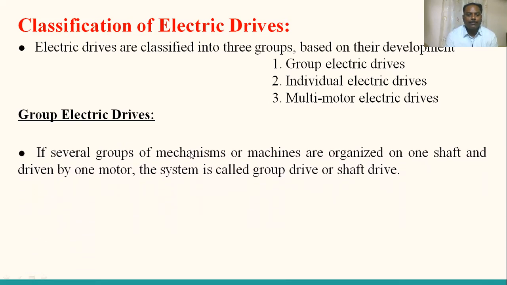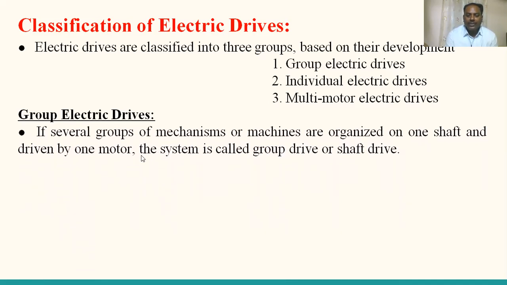So let us see here. If several groups of mechanisms or machines are organized on one shaft and driven by one motor, the system is called a group drive or shaft drive. Only one motor runs the big shaft.